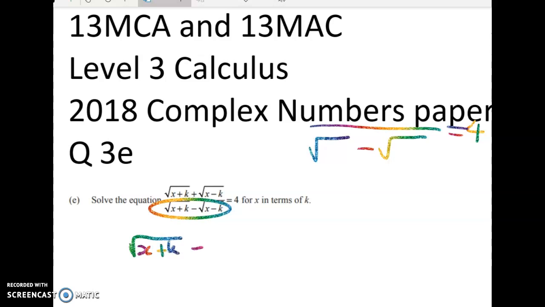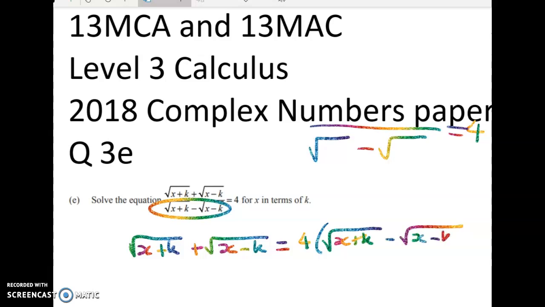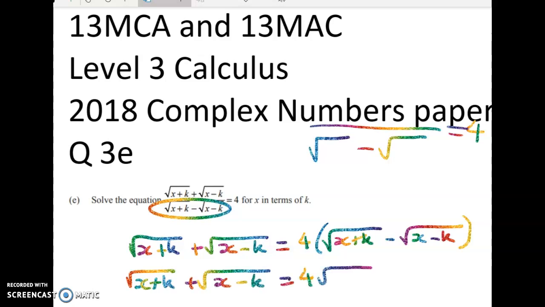So we get root x plus k plus root x minus k is equal to 4 times root x plus k minus root x minus k. The next thing to do is to expand and then collect up like terms. So over here I get 4 root x plus k minus 4 root x minus k.